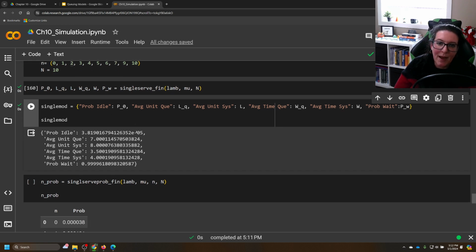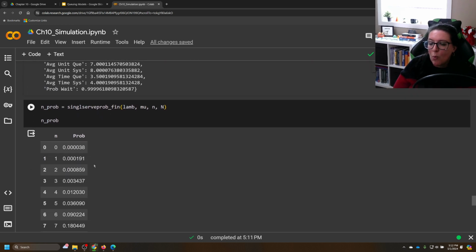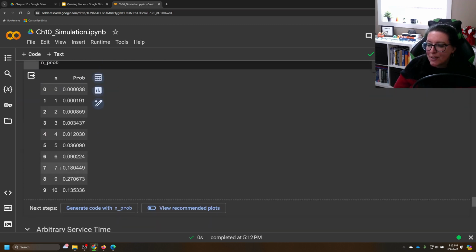So you can see the impact the finite population has on the system. We could look at what's the probability if we have a certain number of people in the system, and we want to run through the 0 through 10 group. So we call our function single serve prob underscore fin. And so you can see here that the most common number is actually that there's 9 people in the system, 1 being serviced.